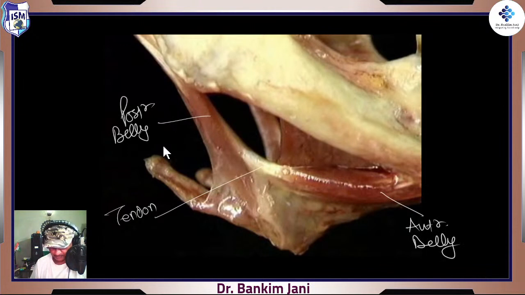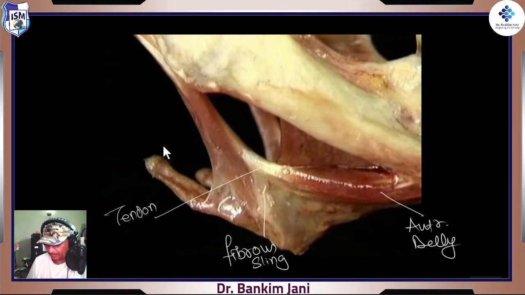And see, this is the fibrous tissue, the fibrous sling, which is to change the direction. And that's how. Wait. This is not the posterior belly, it has to be above. This is the tendon. My mistake. This is the tendon.